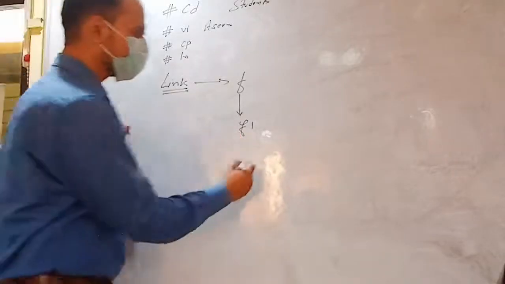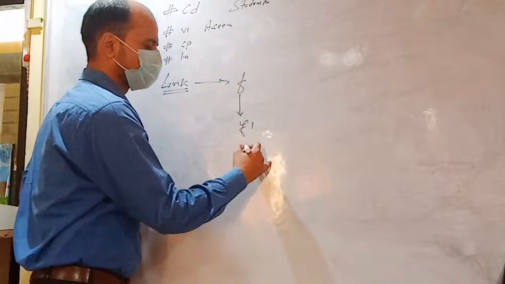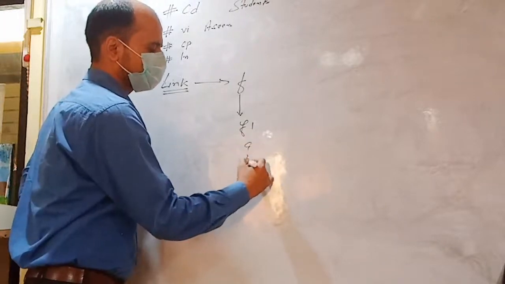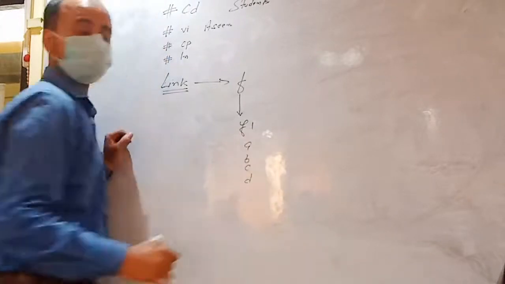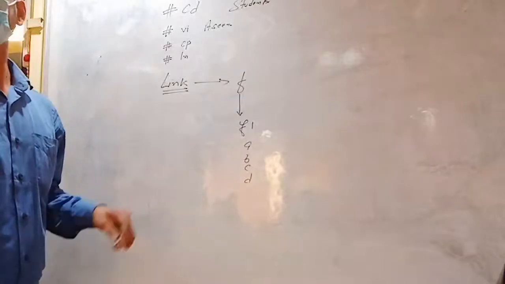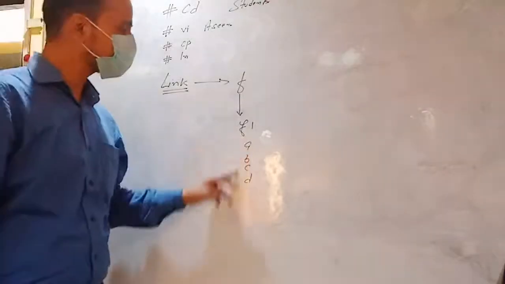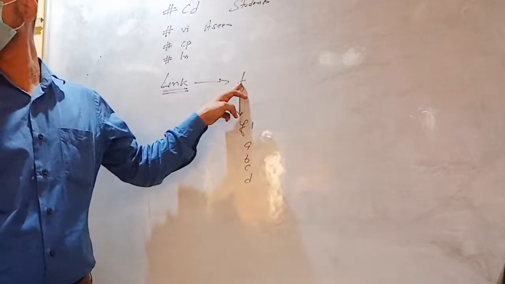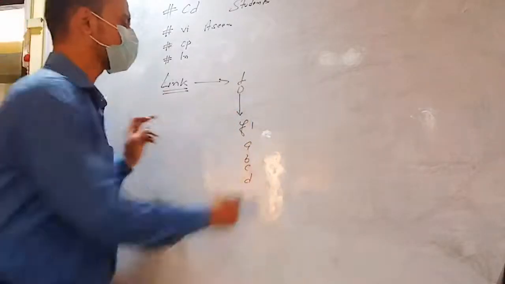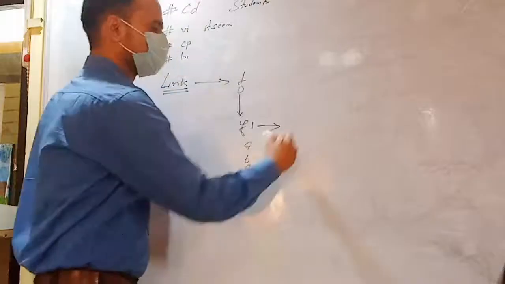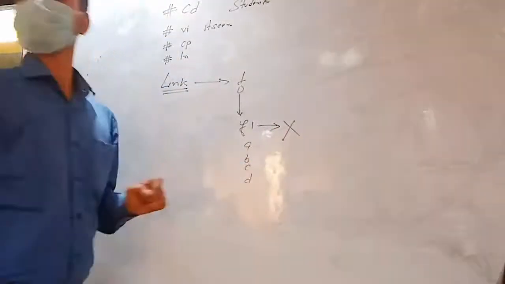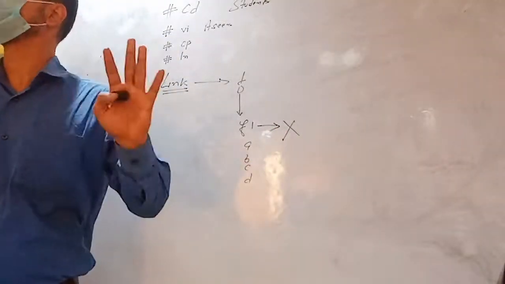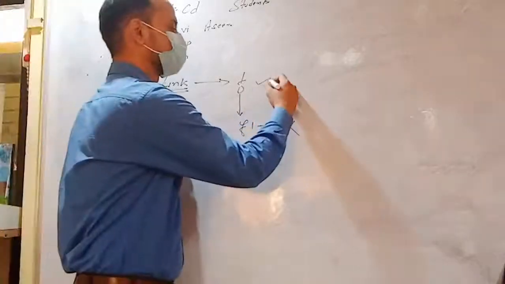Suppose you have added four lines, A, B, C, D. If you check these lines in the original file F, you will get them. Suppose you have deleted this file F1. Don't worry, your original file is safe.